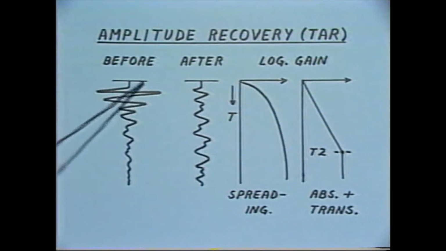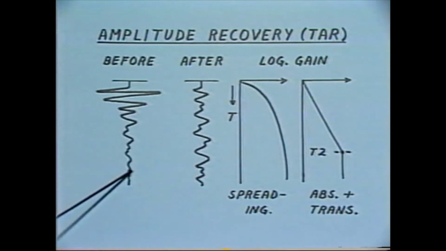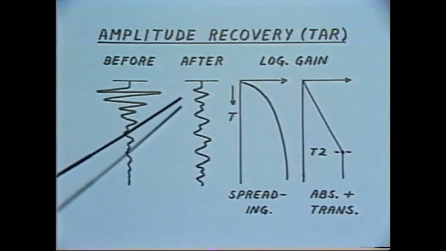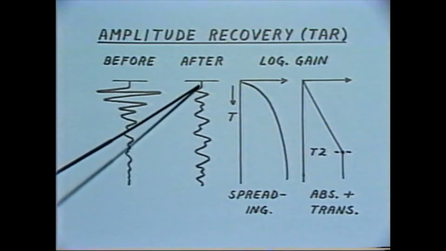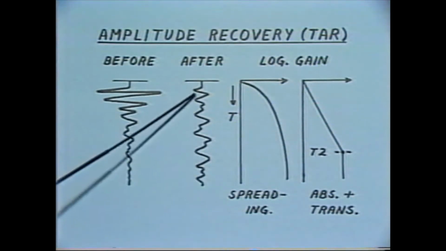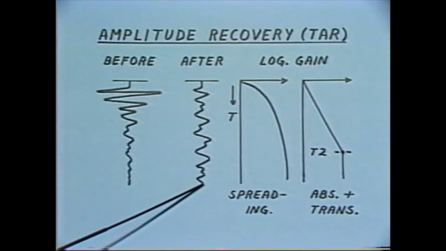So as it's recorded, it would appear something like this, with a very rapid decrease in amplitude. Now, the TAR corrections are applied to correct for those amplitude losses so that afterwards the trace would look something like this, with a reasonably even distribution of amplitudes down the seismic trace.